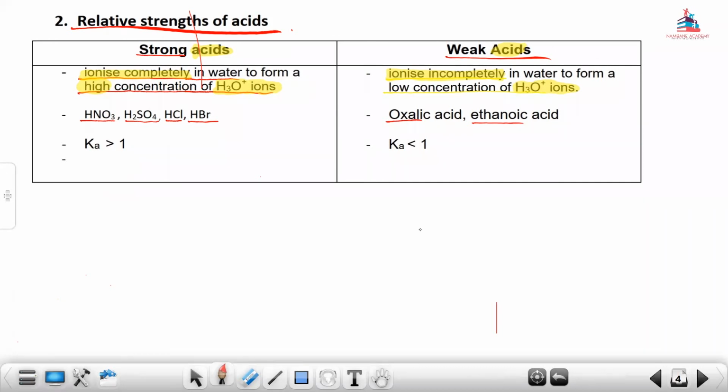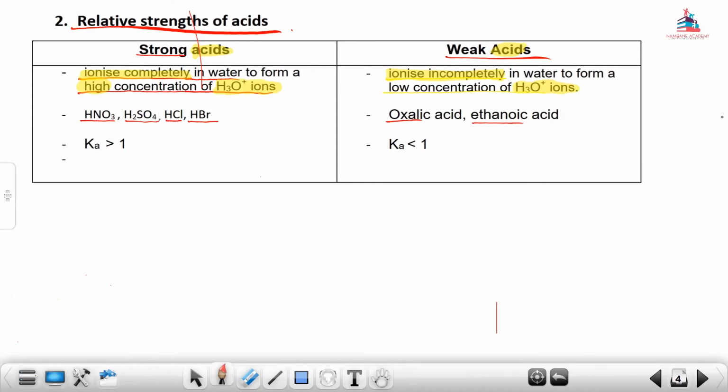We will get to a point where each and every one of us must be in a position of classifying what is a base, what is an acid according to the two theories. At the same time, explaining the relative strengths thereof.